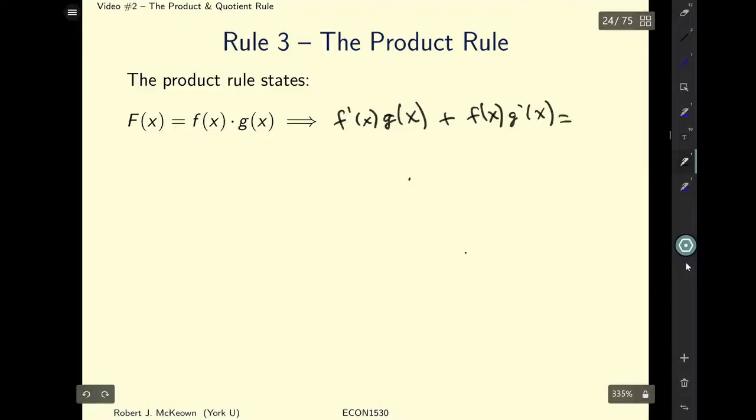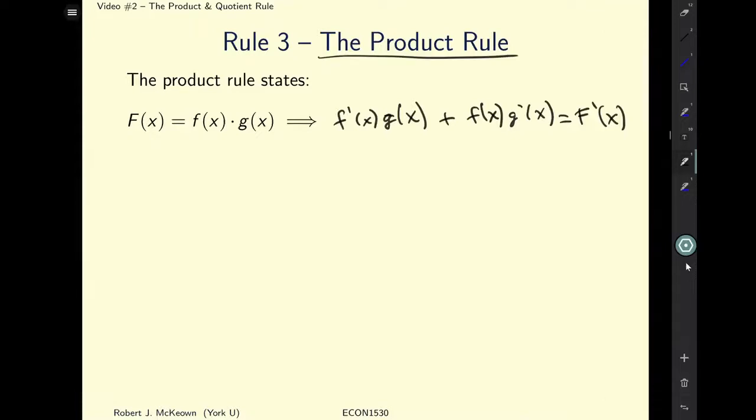And that whole thing is going to give me the derivative of capital F of x, capital F prime. And that's it. That's the product rule. So you need to know it. You need to memorize it. And we're going to come back to it later in this lecture series.